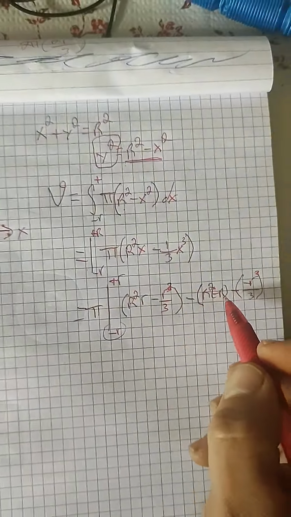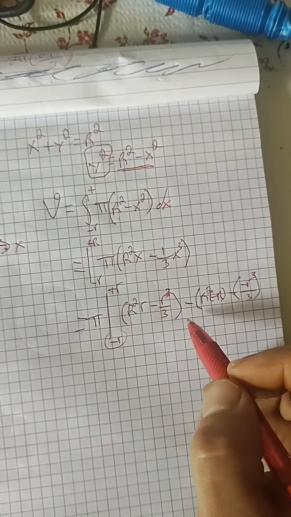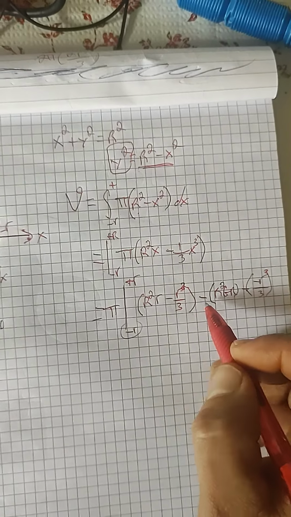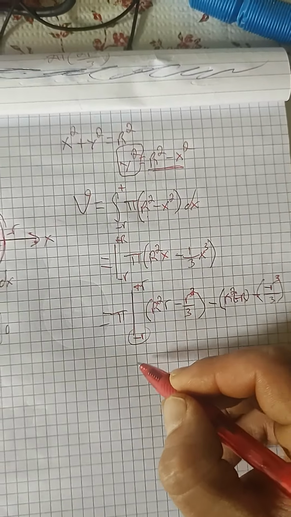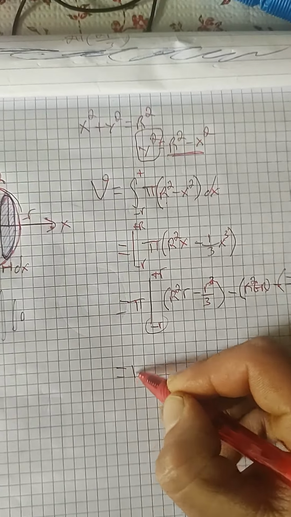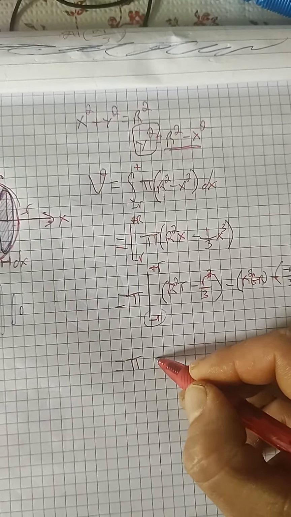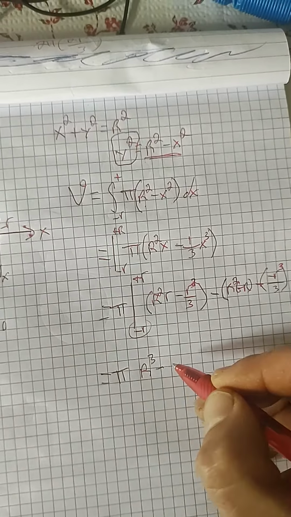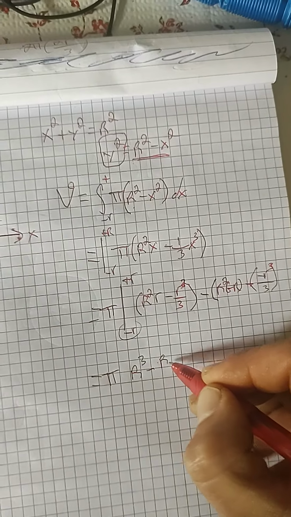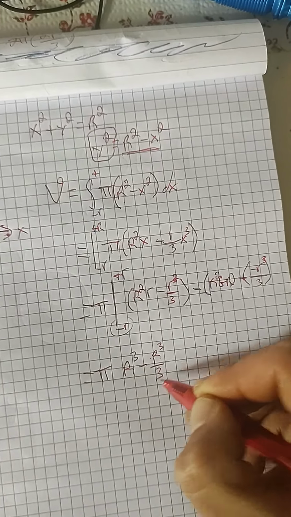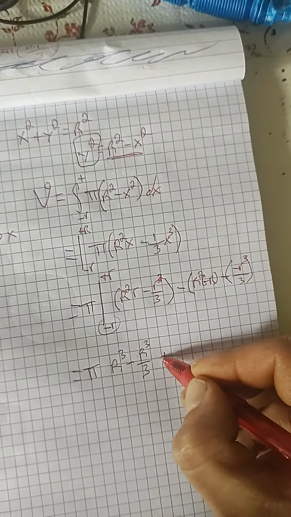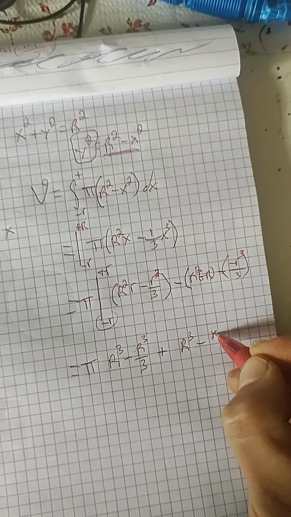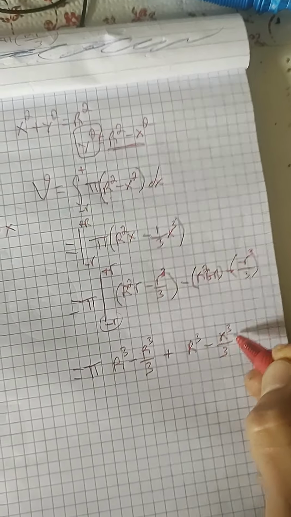The minus and negative becomes a positive, and this becomes a negative r cubed. So we end up with pi times r cubed minus r cubed over 3, plus r cubed minus r cubed over 3.